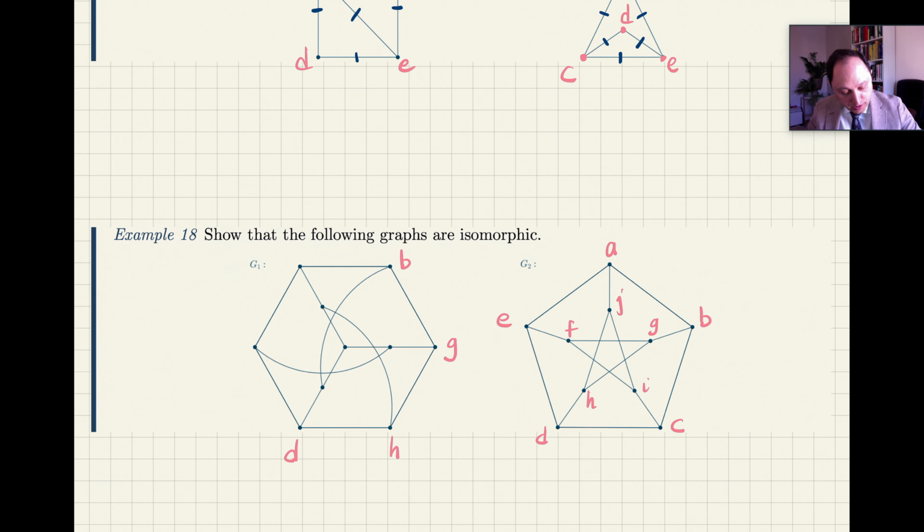I'm just following my hexagon in both of them. And then after that, in this hexagon, I go B to A. So I put A here, and then I go to E, and then of course I have to go to D, which is of course correct again.